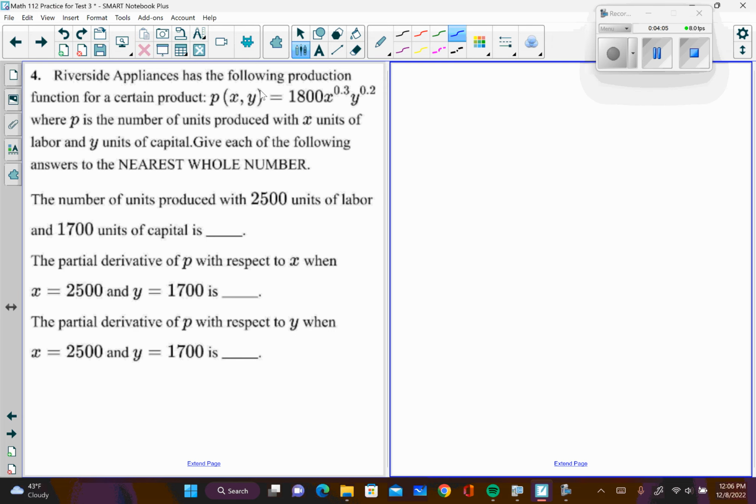Riverside Appliances has the following production function for a certain product. P is a function of x and y equals 1800 x to the 0.3 times y to the 0.2, where p is the number of units produced with x units of labor and y units of capital. To find the number of units produced with 2,500 units of labor, that means 2,500 is going in place of x.